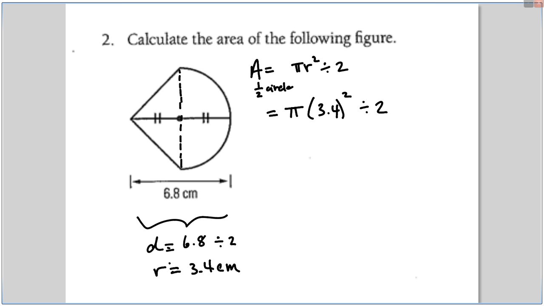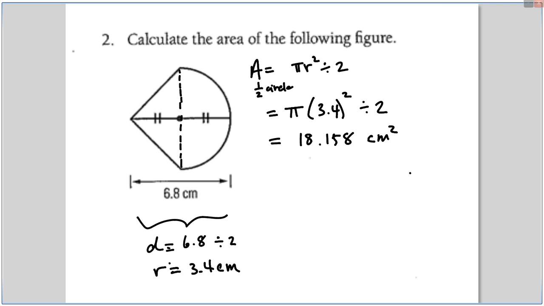Remember BEDMAS, order of operations? If you're borrowing my calculator, you could just type it in exactly how you see it, and everything's going to work out for you, because the calculator does order of operations if you use one of mine. So this is like 18.158 square centimeters.